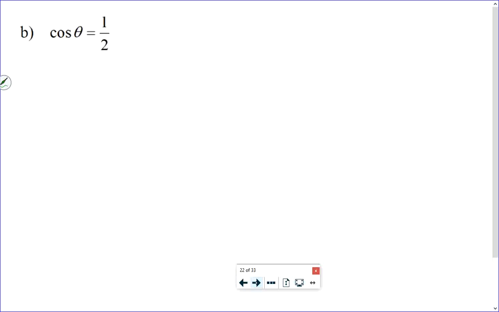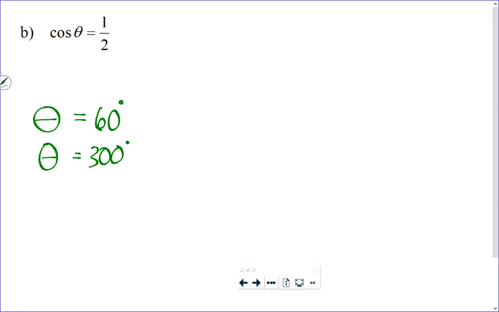I'm going to give you the answers for this, and then you can follow the procedure that we did in the previous questions to determine the answers and see if they match mine. Cosine of theta equals 1/2. You are going to get 60 degrees for theta, and you are also going to get for another angle 300 degrees. What you are going to discover is that the reference angle, when you take the inverse cos of 1/2, will be 60 degrees.